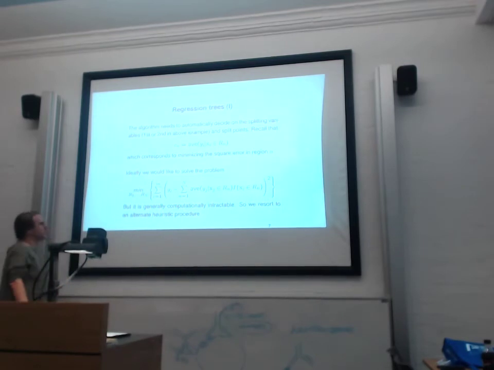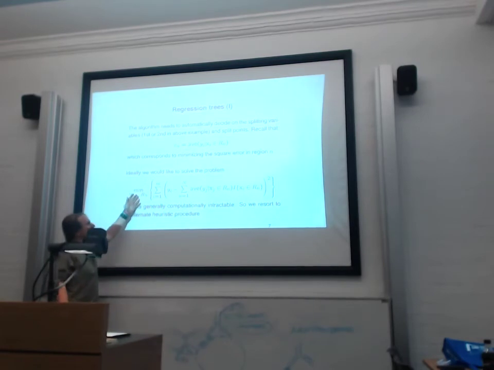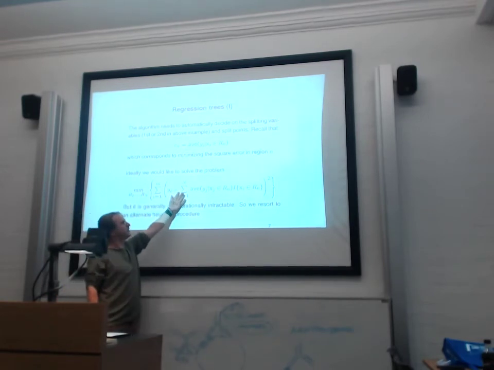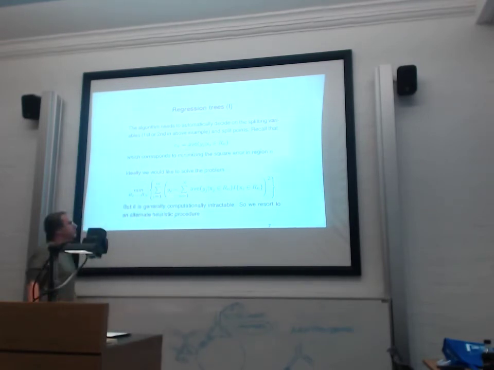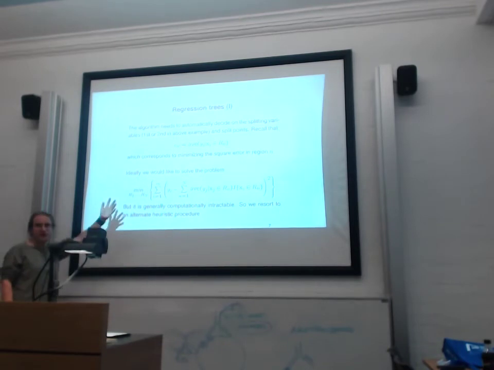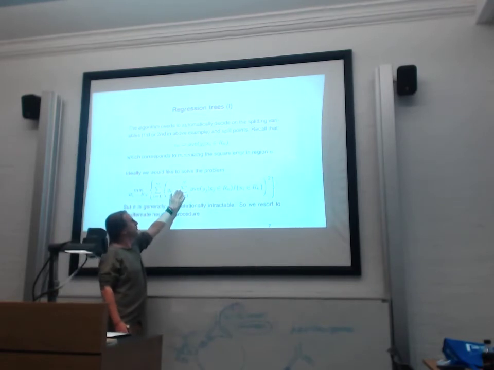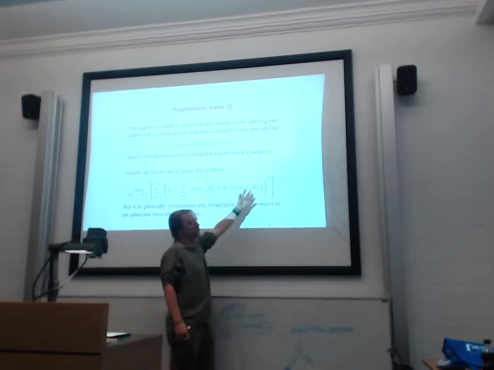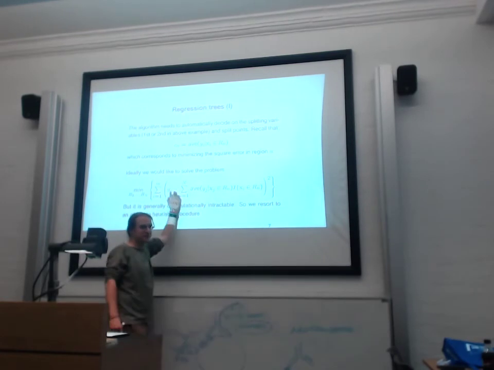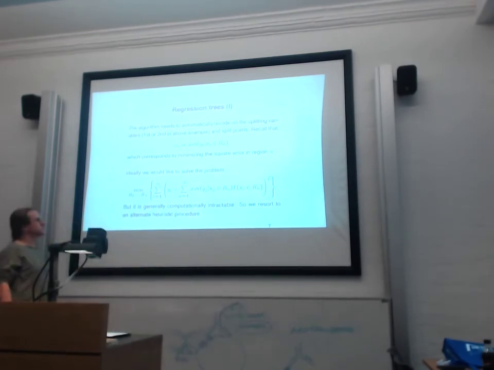Then, looking at the space of all possible binary partitions into capital N regions, let's do empirical risk minimization. Let's choose the set of regions that has the minimal square error.